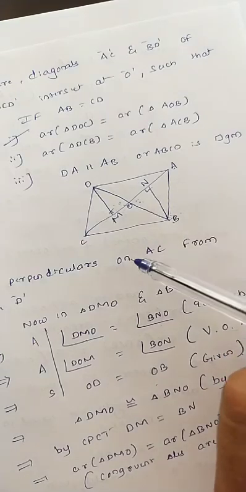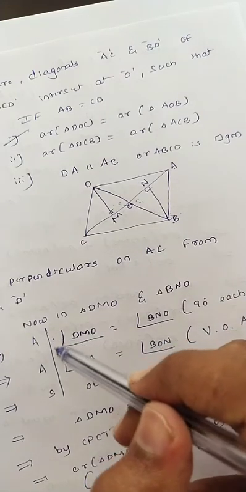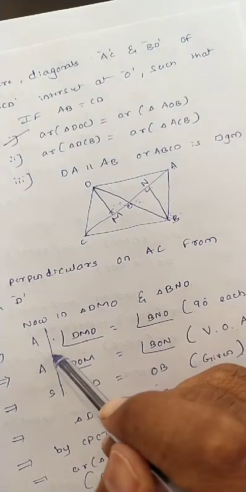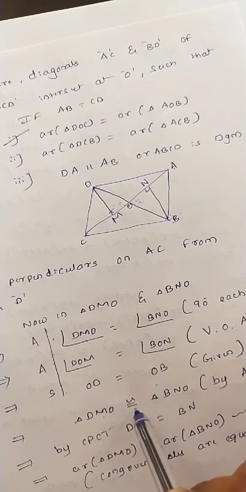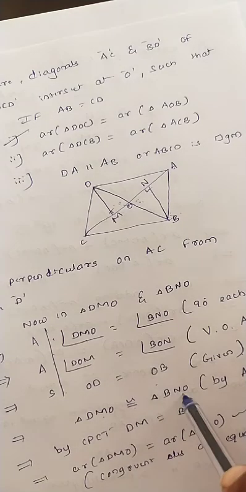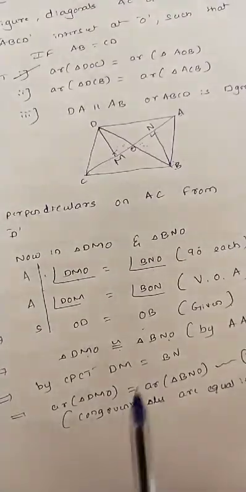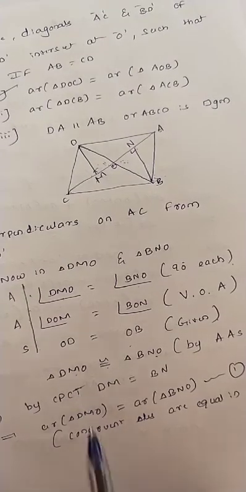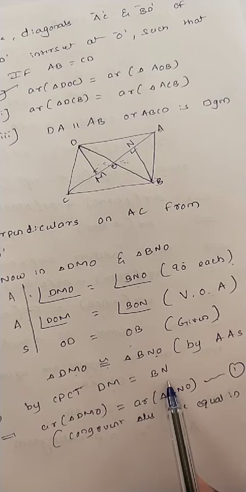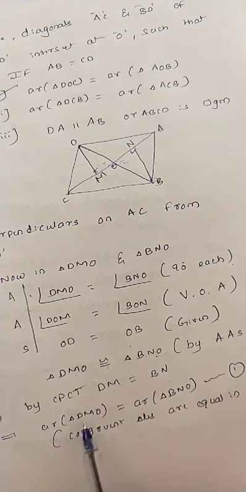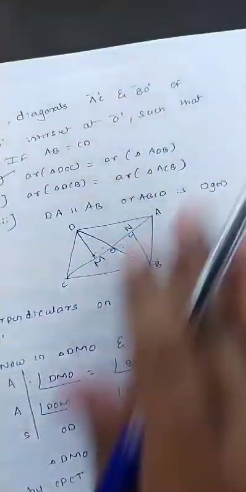So this is given. Again this is angle-angle-side. So I can say triangle DMO is congruent to triangle BNO. By corresponding parts of congruent triangles, DM is equal to BN, and both the triangles are equal in area. Area of triangle DMO is equal to area of triangle BNO. Call this equation 1.